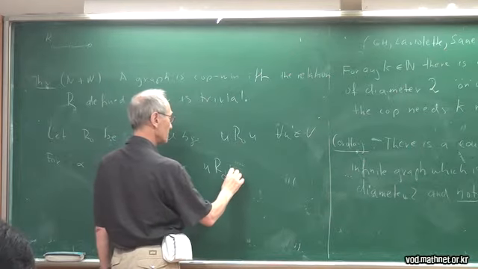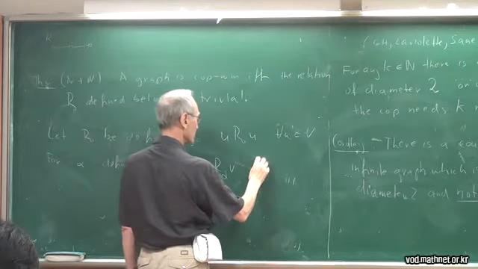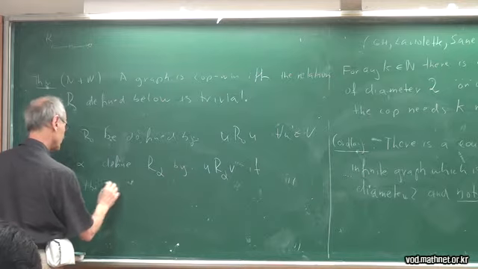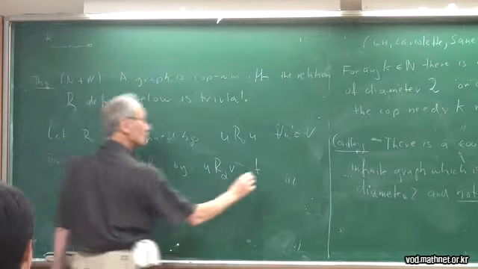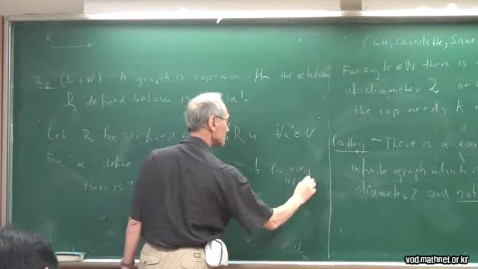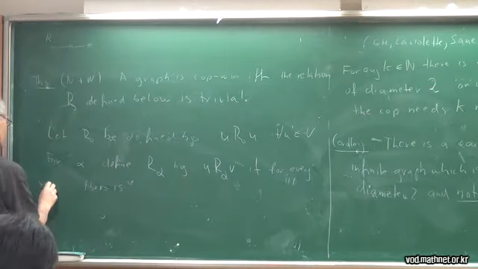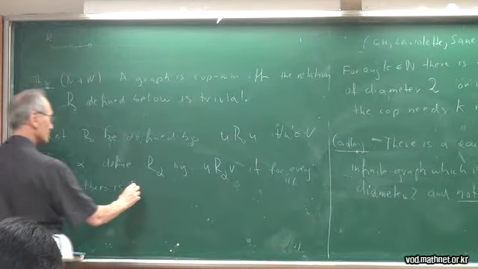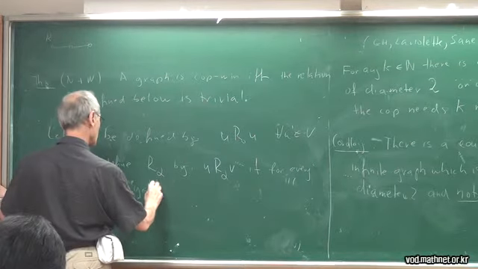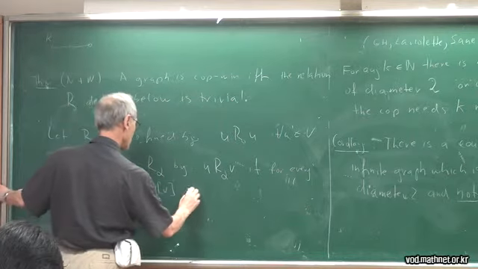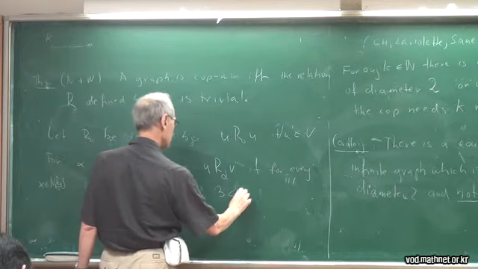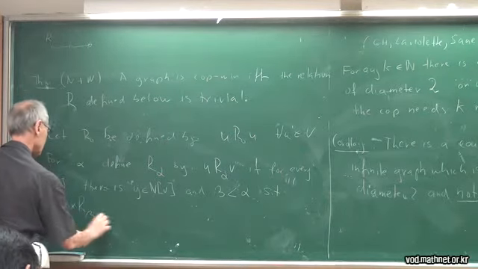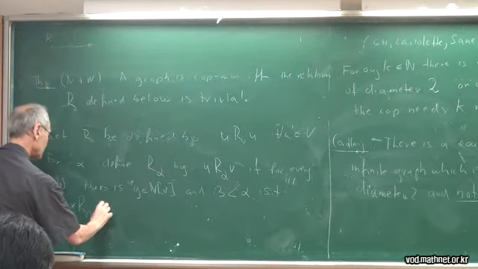for every x in the closed neighborhood of u, there is a y in the closed neighborhood of v, and a beta less than alpha, such that x is R beta related to y.